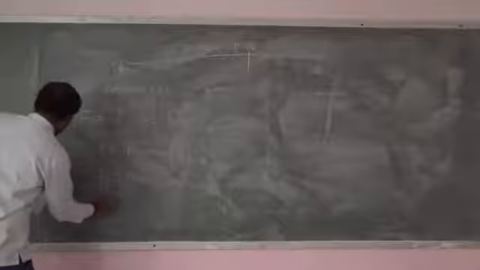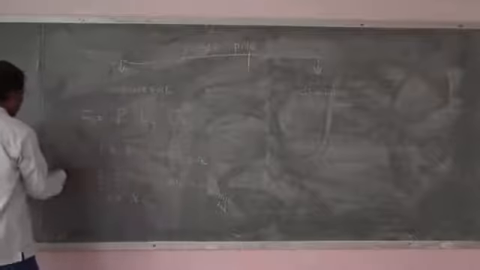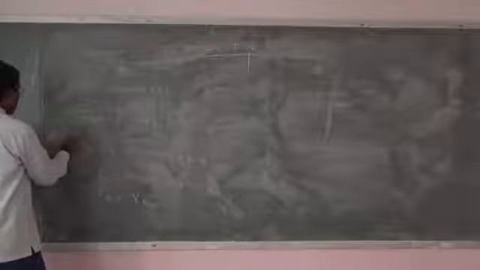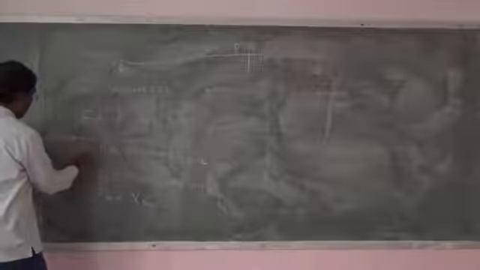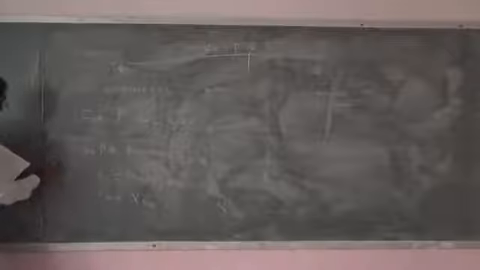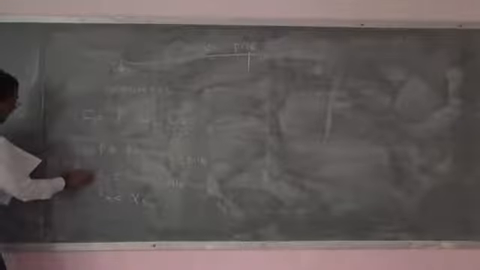Then CA is given by alpha into Cu, where alpha is equal to adhesion factor, and Cu is equal to undrained cohesion.